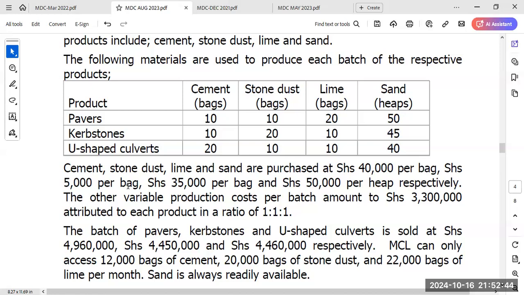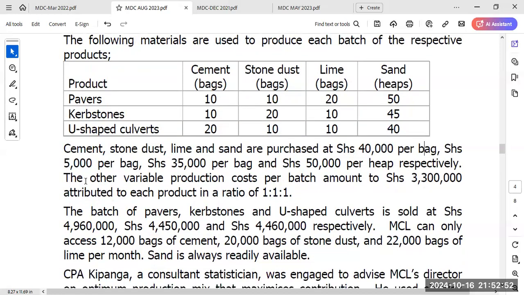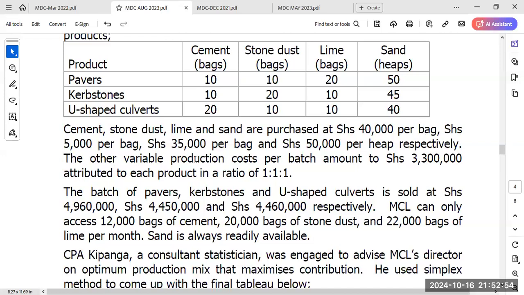Lime, 35,000 per bag. Then sand, 50,000 per heap. Okay. The other variable production costs per batch amounts to shillings 3.3 million attributed to each product.